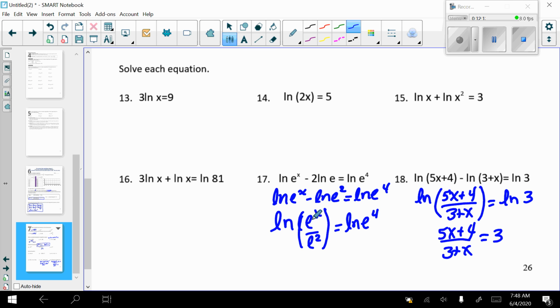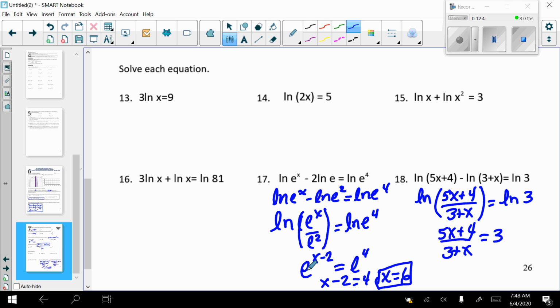And properties of exponents tell me that I could subtract these exponents and make it e to the x minus 2 equals e to the fourth, because these two pieces have to be the same. So x minus 2 has to equal 4, and x is 6. Right? Using a lot of properties that we saw, where if things have the same log on the outside, we can just drop it away, or if it has the same base, we can just drop it away.